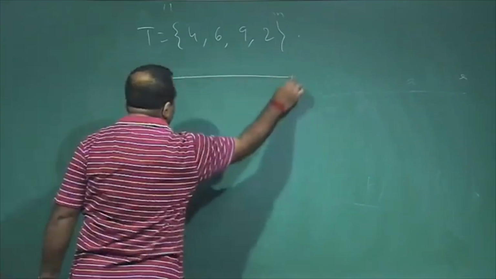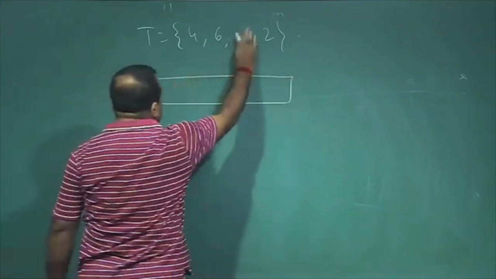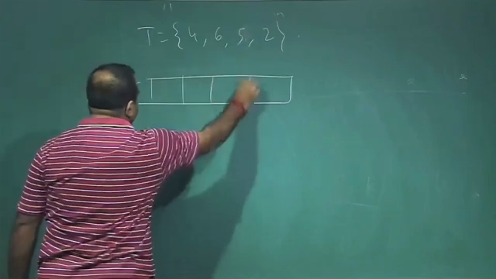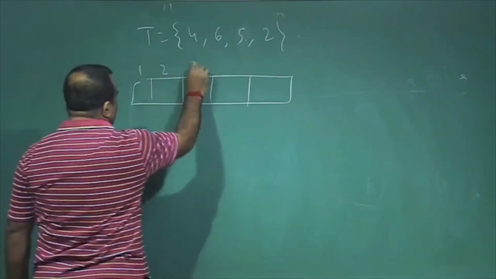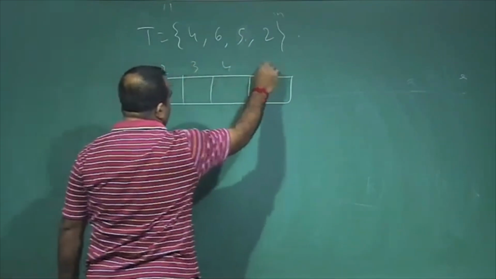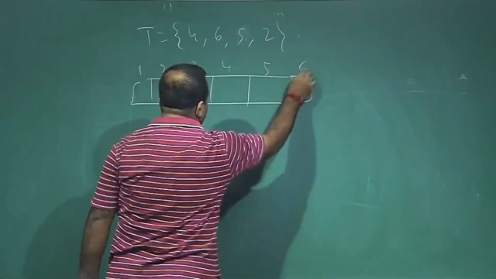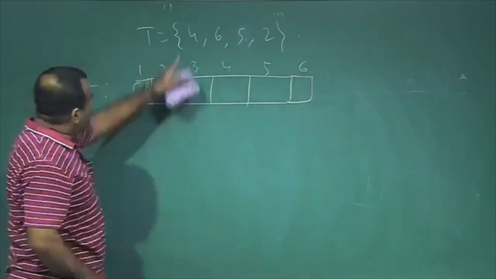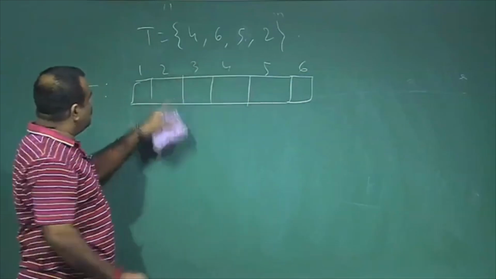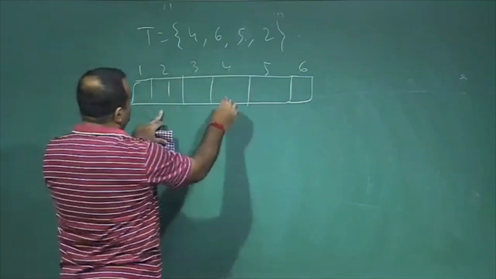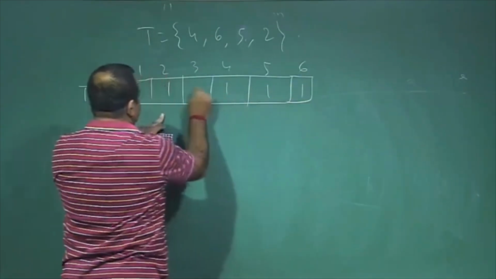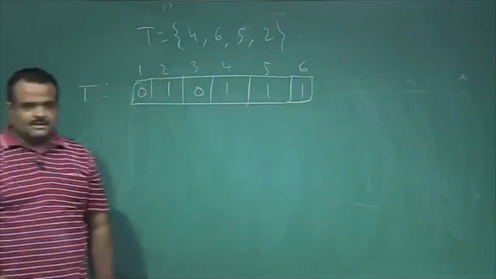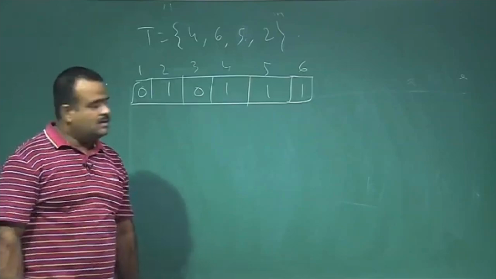So what can we do? We can have an array of size 6: 1, 2, 3, 4, 5, 6. If a record is present, we will put 1, otherwise we will put 0. So this is just a direct access table, or a bit vector.